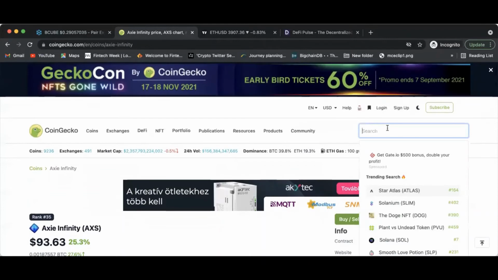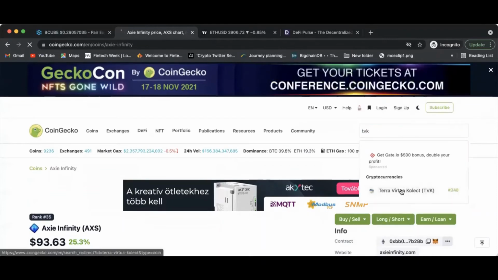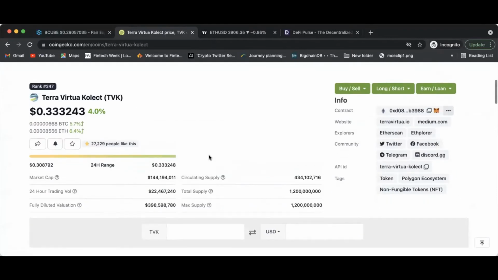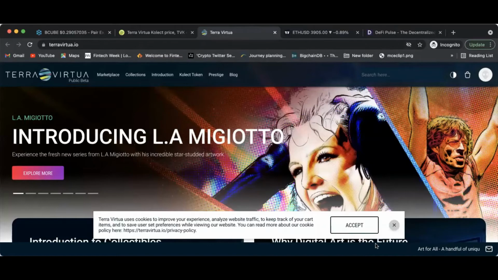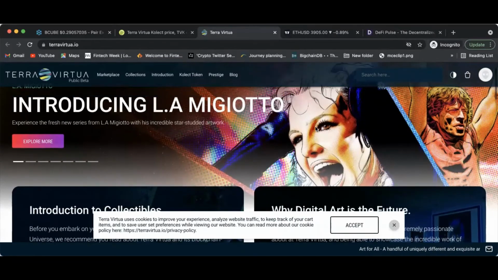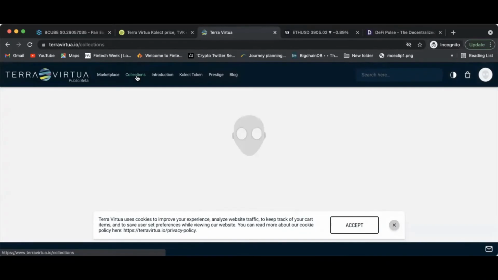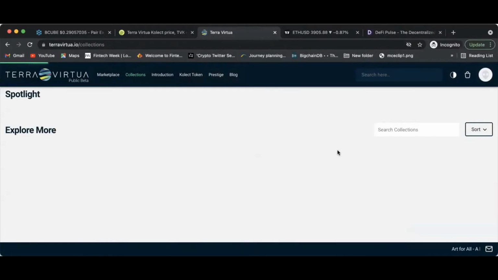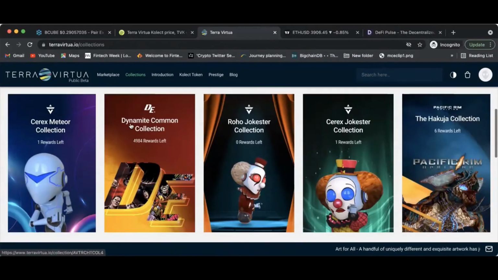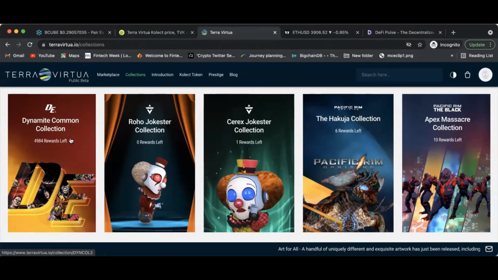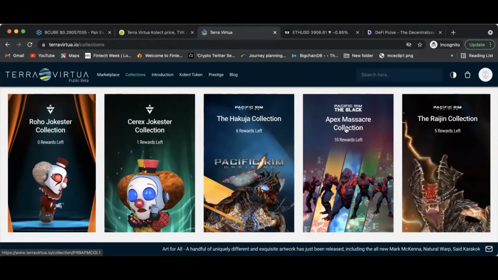One of our favorite coins, TVK, they make this type of art, which I would like to show to you. See, if you see here, they have collections. They have something like the Dynamite Common Collection, the Rojo Orchestra Collection.